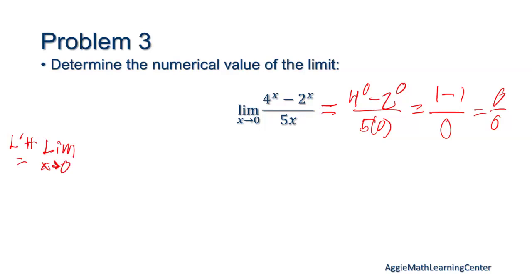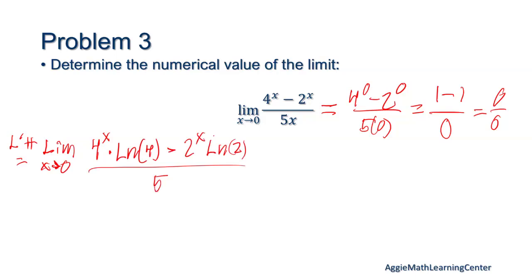So I'll just spoiler alert. That's going to be 4^x. So the top stays the same, like e to the x, but then we have to multiply by ln of whatever the base is. So then minus 2^x times ln of 2, all over the derivative of the bottom, which is 5.